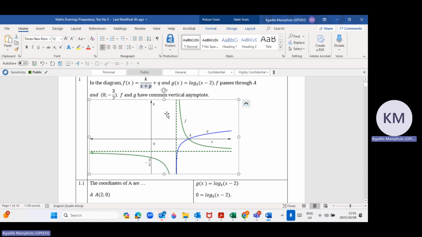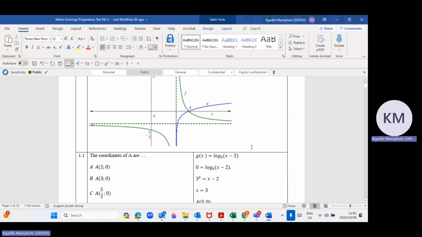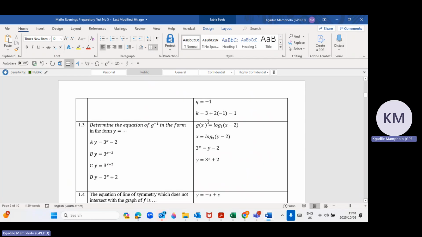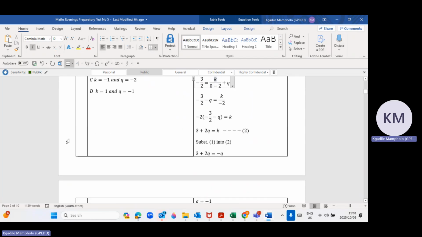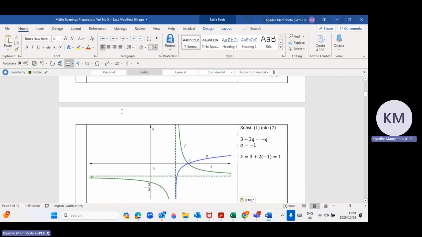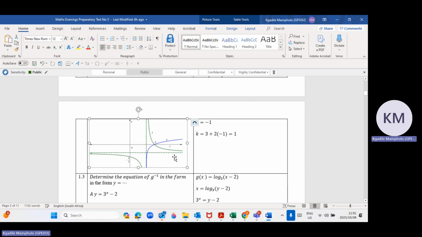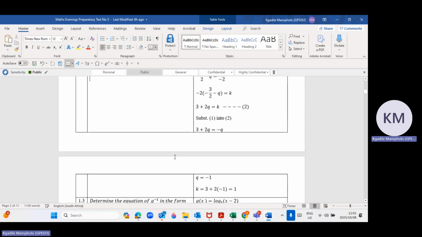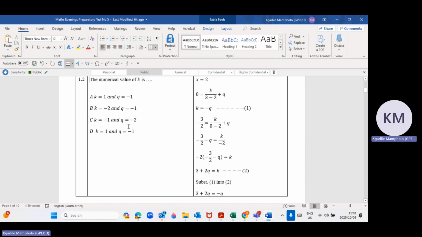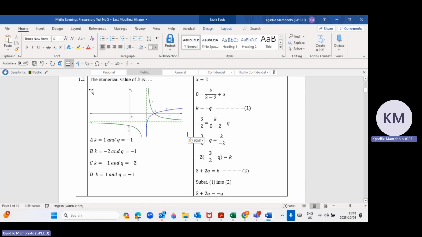Let's quickly look at the diagram. When you look at the diagram, we don't know the value of the horizontal asymptote, and we also don't know the value of k, so you have two unknowns.